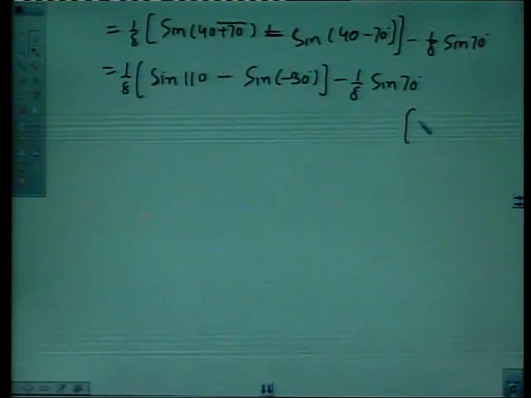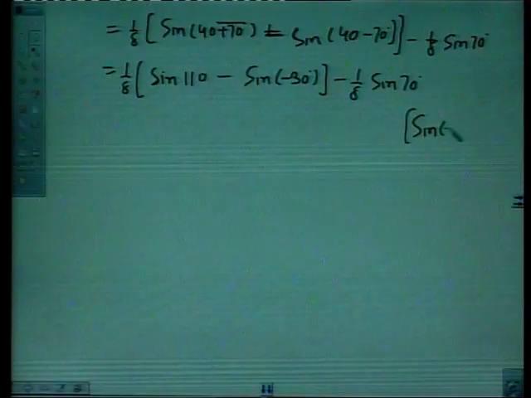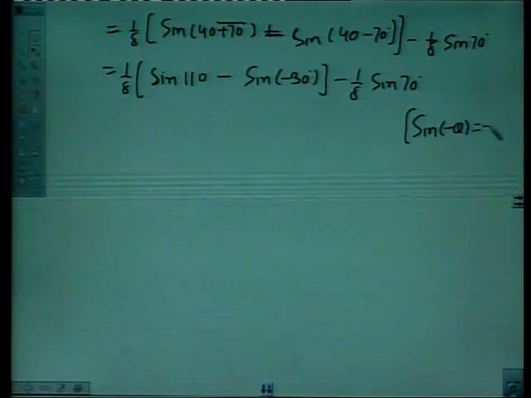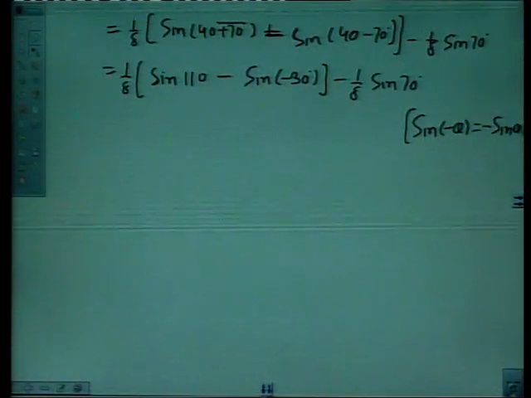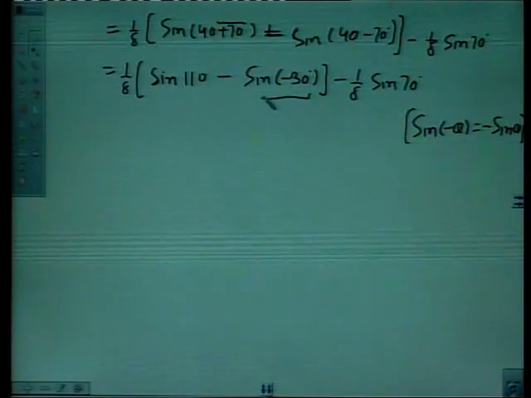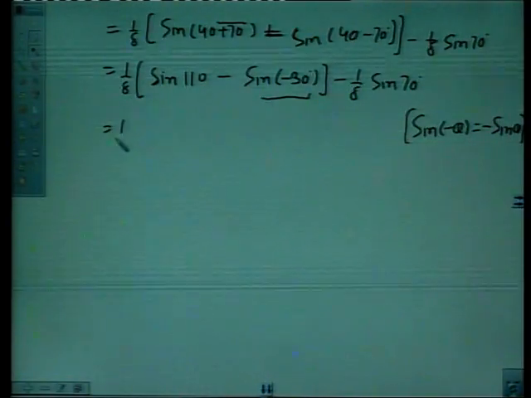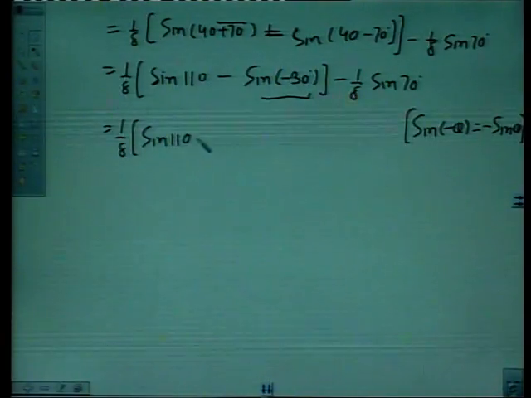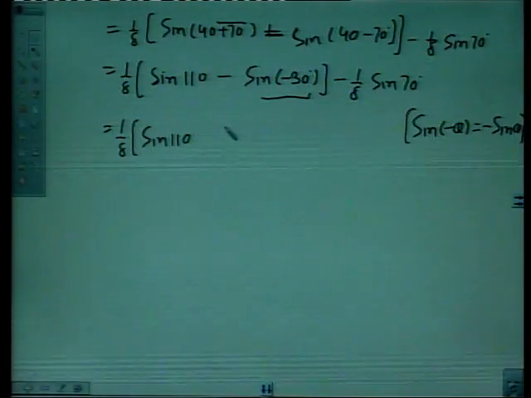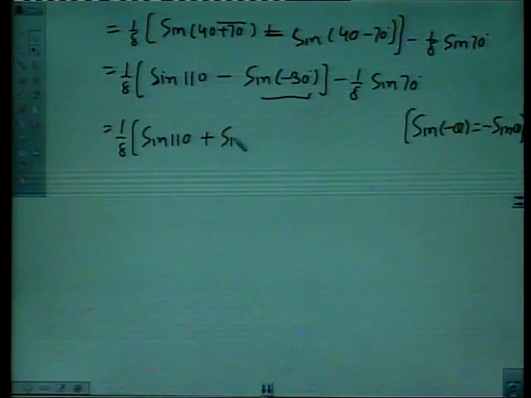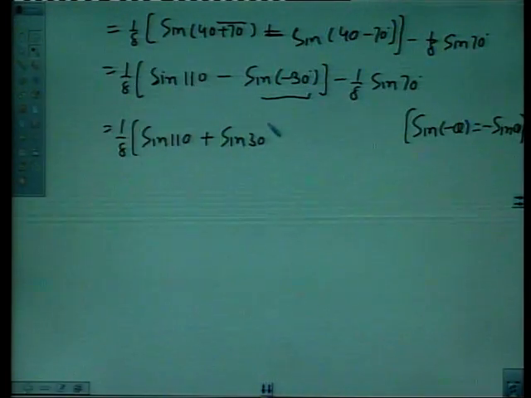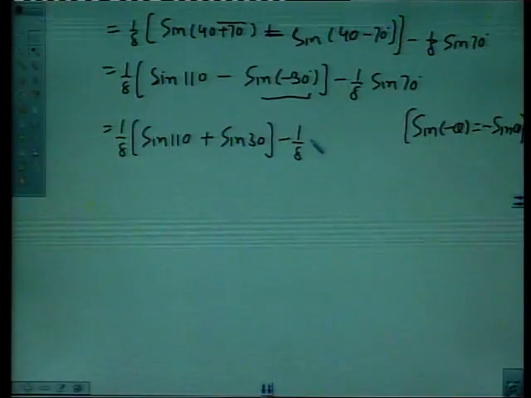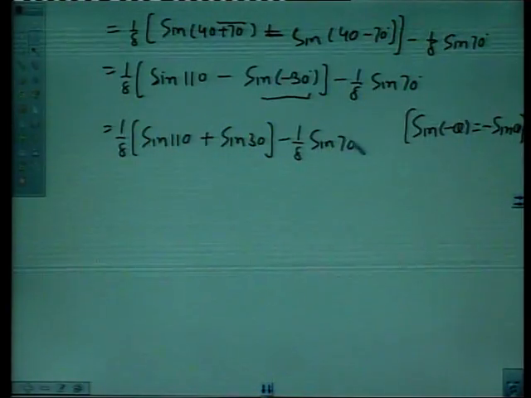We know that sine of minus theta is always minus sine theta. So we will use this formula here. This becomes 1 by 8 into sine 110 plus sine 30 minus 1 by 8 times sine 70.